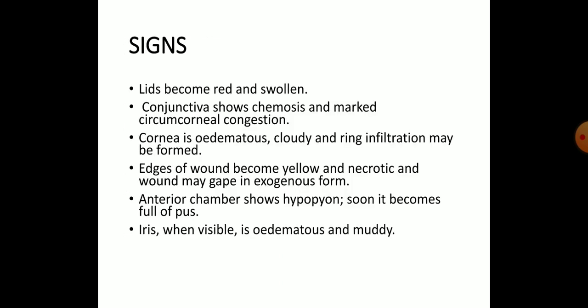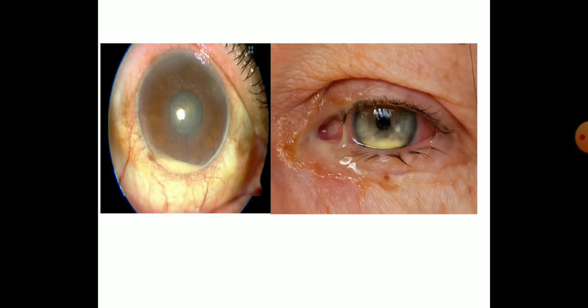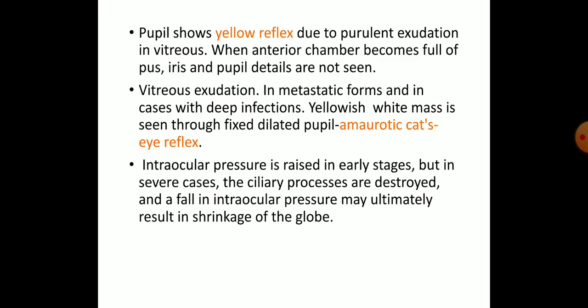And signs: lid is red, swollen, conjunctival chemosis, circumcorneal congestion, cornea edematous and cloudy, anterior chamber hypopyon, iris is edematous and muddy, all this. Pupil is showing yellow reflex. A normal pupil shows red reflex. Here it is yellow reflex because of the exudate, purulent exudates.